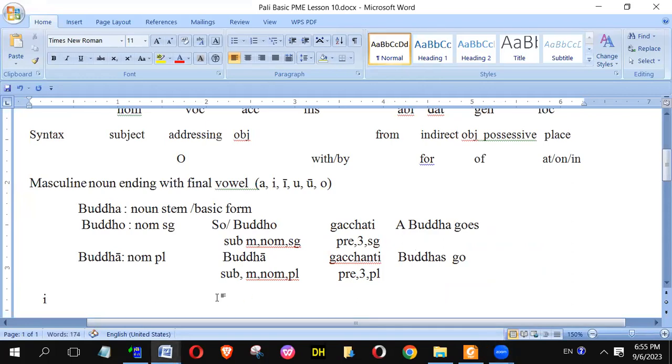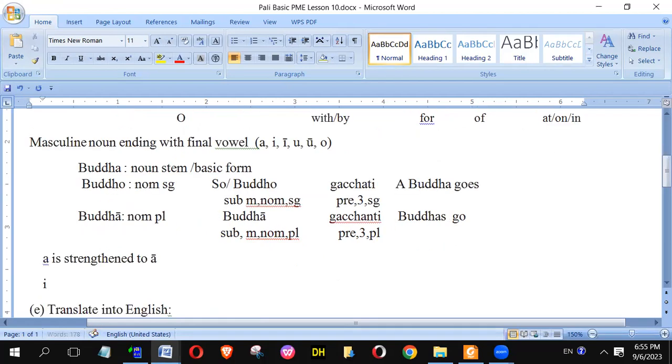So in Pali, when we call it strengthening, we strengthen the vowel. I, the same one, becomes E, or sometimes I becomes A, sometimes it can change to AY.